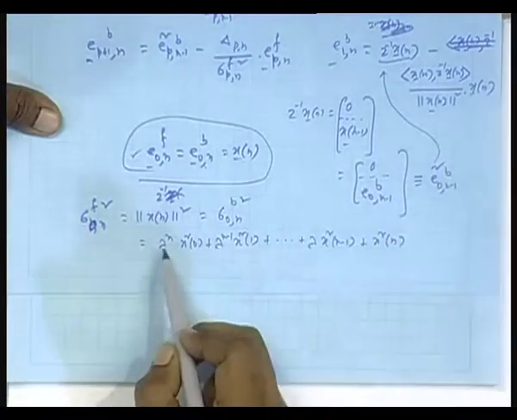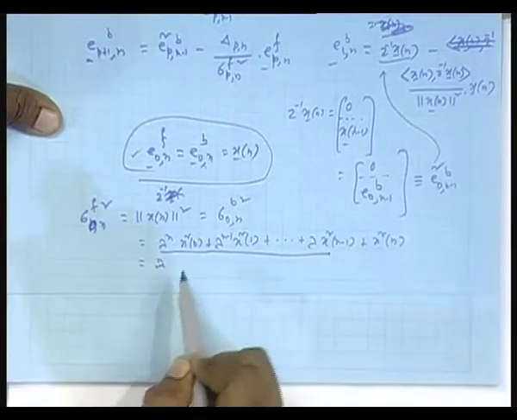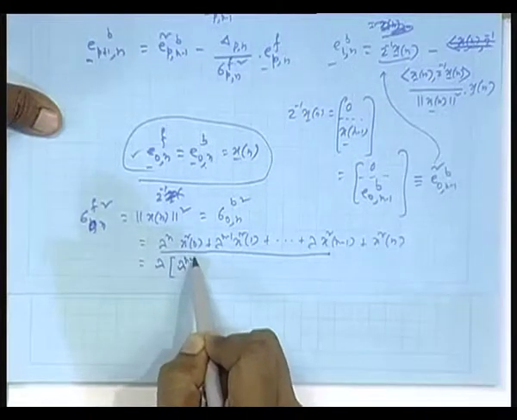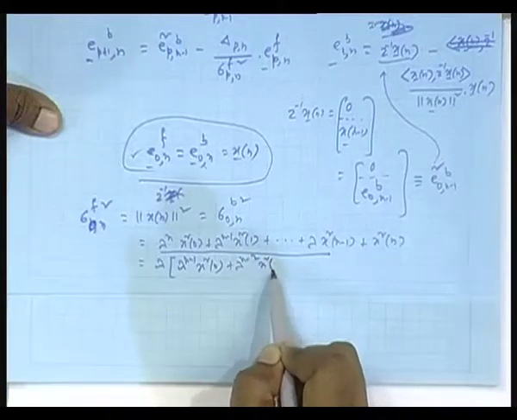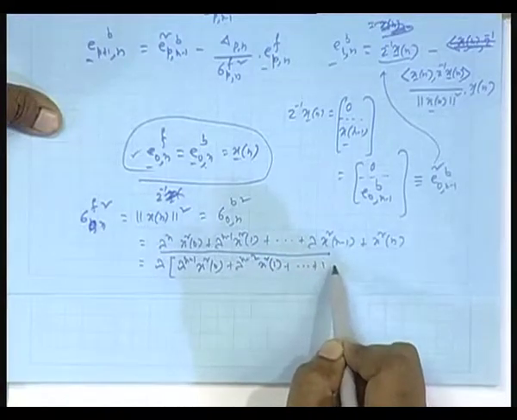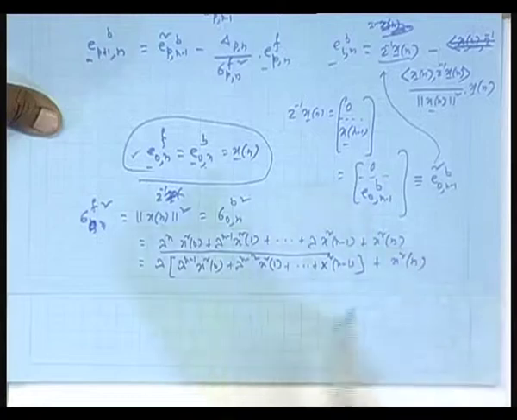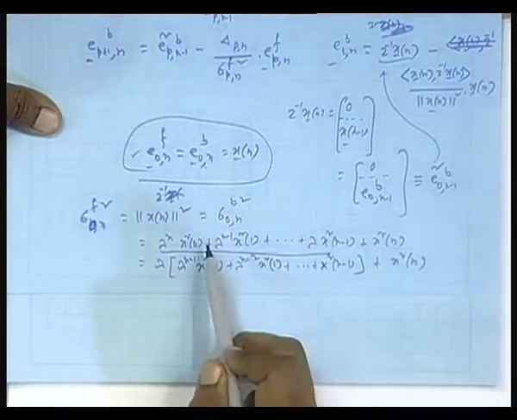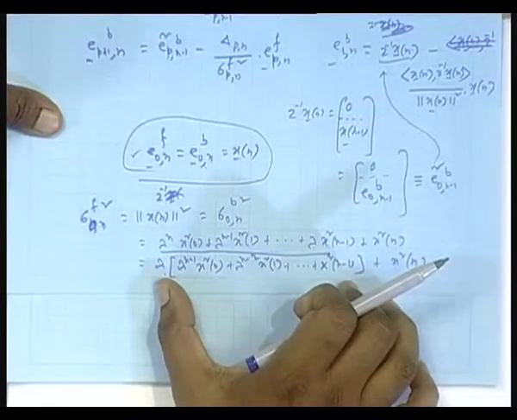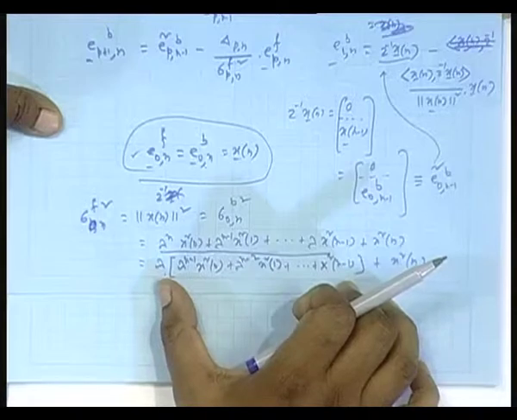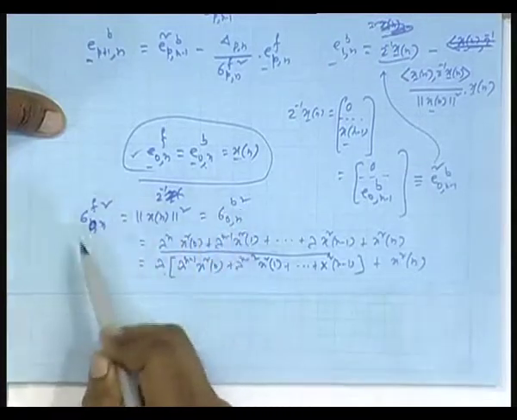Now, suppose from this part I take lambda common. Lambda times this, do you agree it is a norm square of the vector x n minus 1? So, that means this can be updated directly in time.